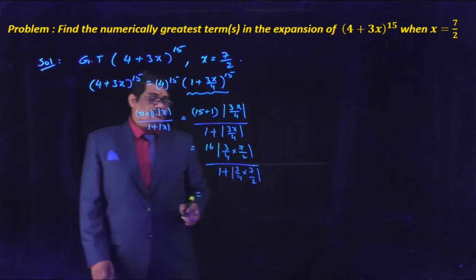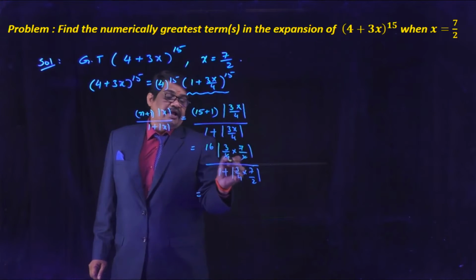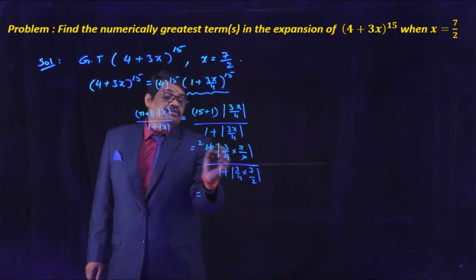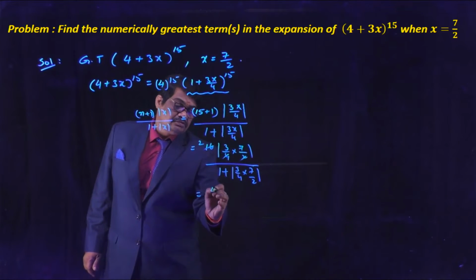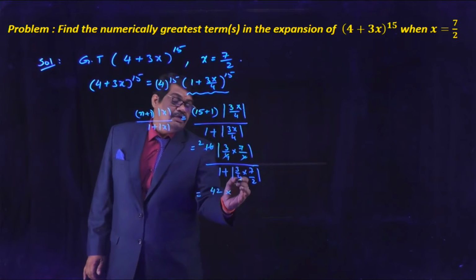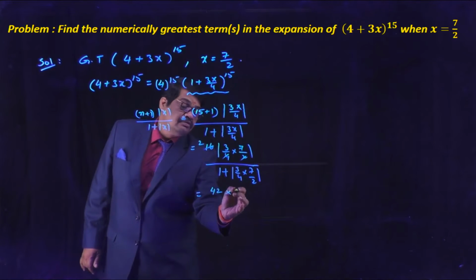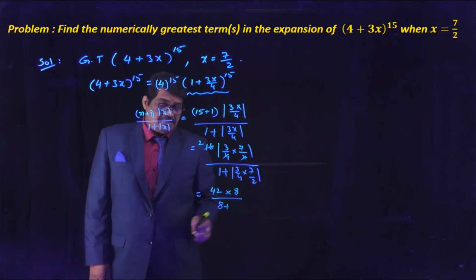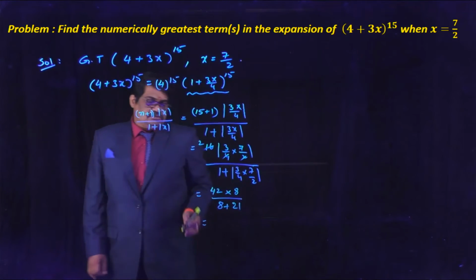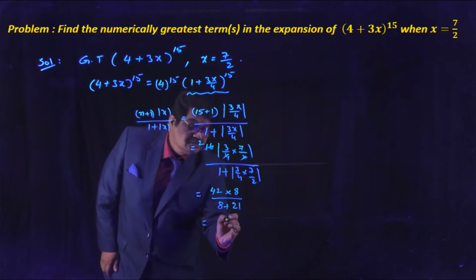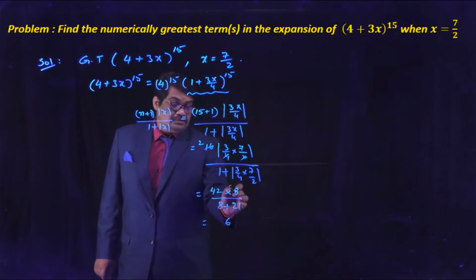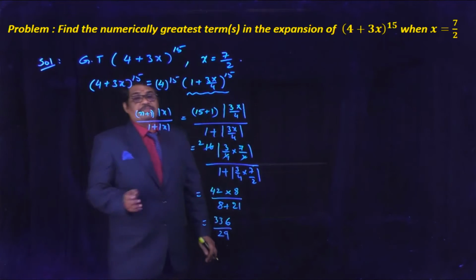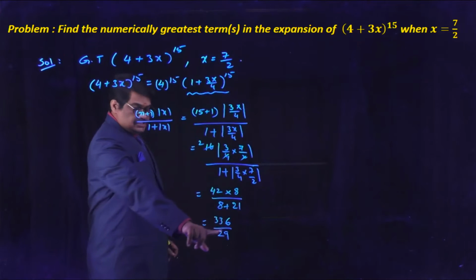Now simplifying: the numerator is 16 into 3 into 7 over 4 into 2, which is 42, and the denominator is (8 + 21)/8. So the value is 336 by 29.